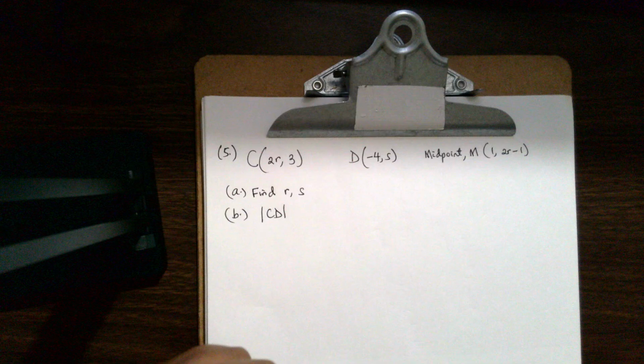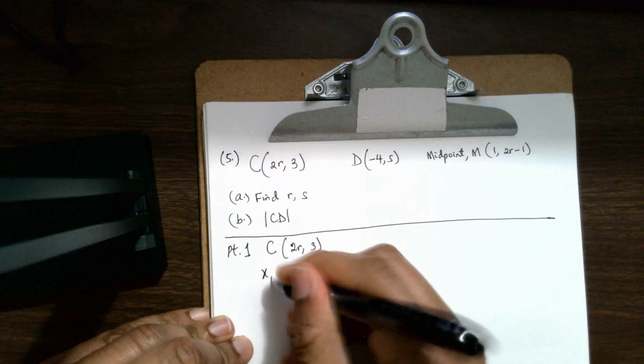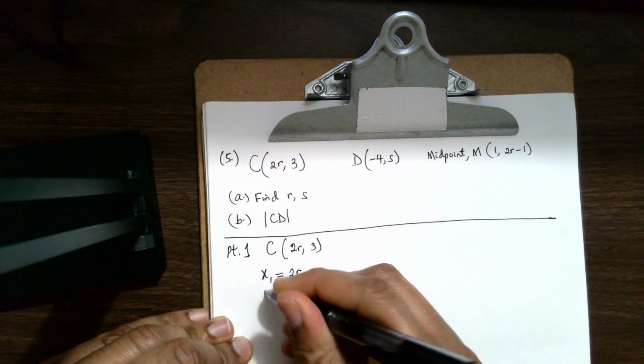All right, so we'll start with the first one. We'll call point C the first point, point 1. So our x1 is 2r and our y1 is 3.